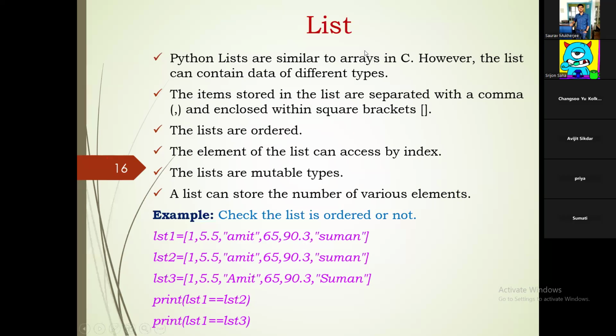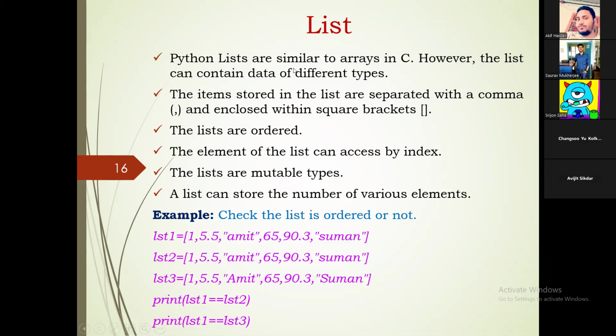It is more or less the same if you know R. For R, to put the values we use the vector method. Python lists are similar to arrays in C. However, the list can contain data of different types. That means in a list we can give the integer type, the float type, and the string type.